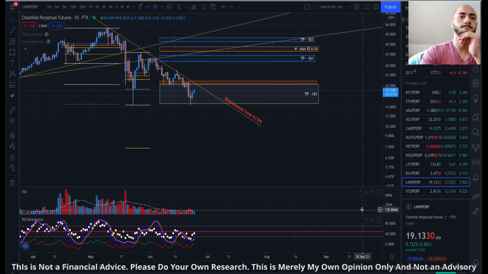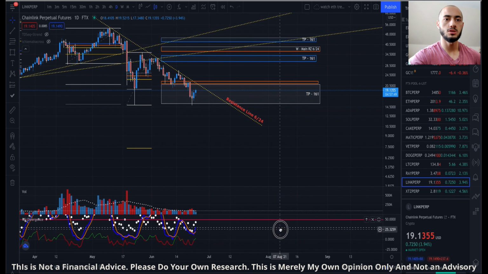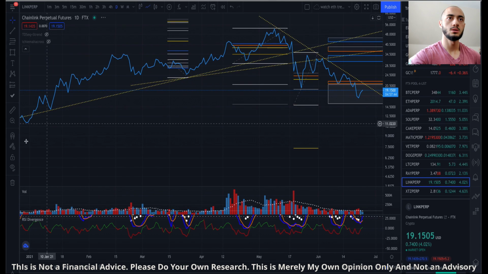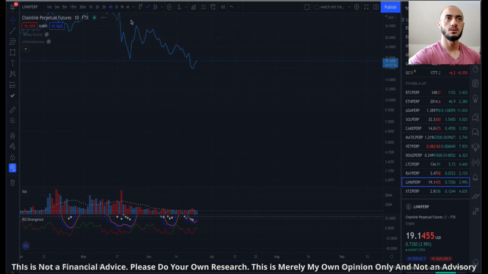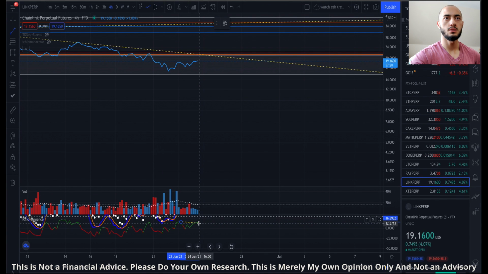Let me check for any divergence. You can see there is a bearish divergence on the 4-hour, right there.